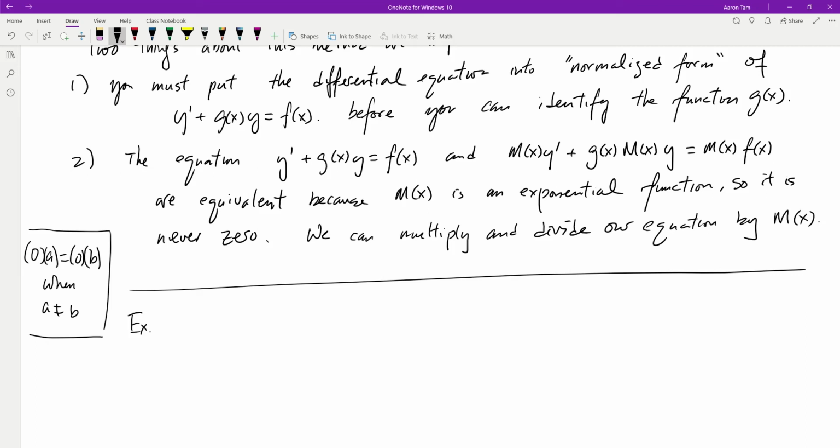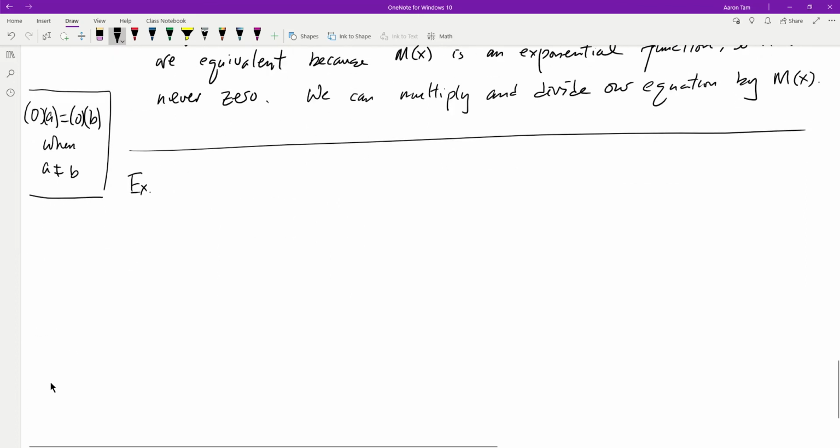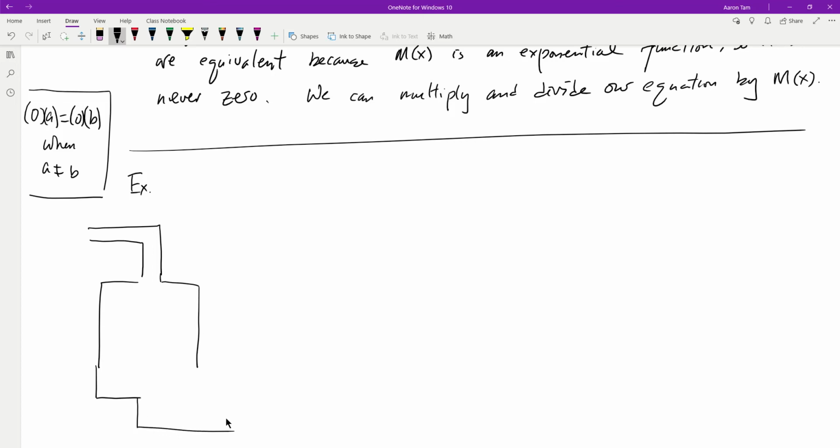So what we're going to do is a mixture problem. I'm going to try not to write out the entire problem, but how about I just draw a diagram to show you what it looks like. So let's say we have a tank, just like the last problem that we have done with the tank. Let's just say this is another 100-gallon tank.